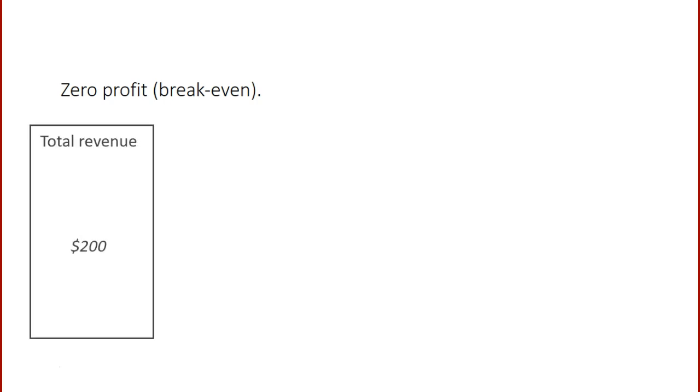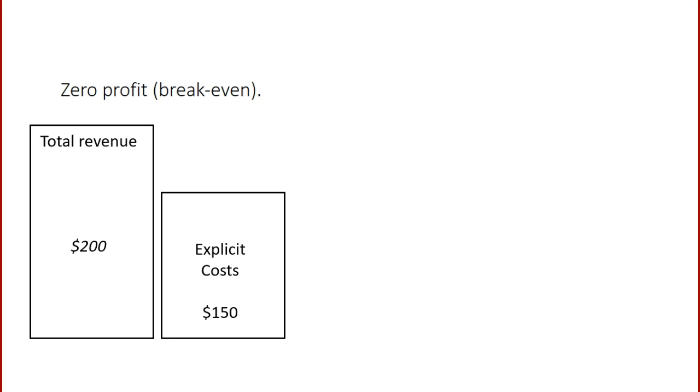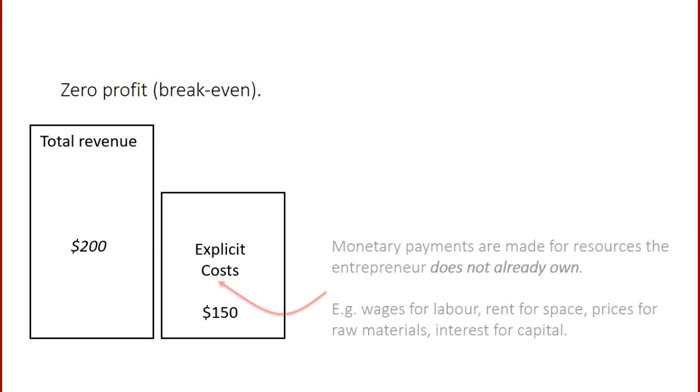When we think about this scenario of break-even, we're talking about a situation where there's zero economic profit being generated. Zero economic profit. So let's, for example, say that the total revenue is $200 and the firm's explicit costs are $150.